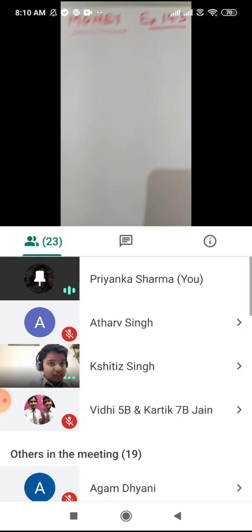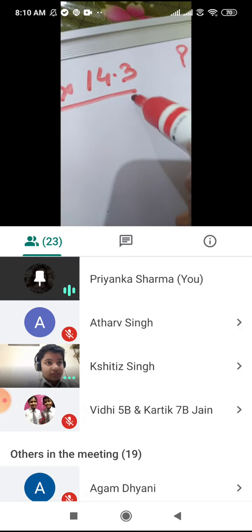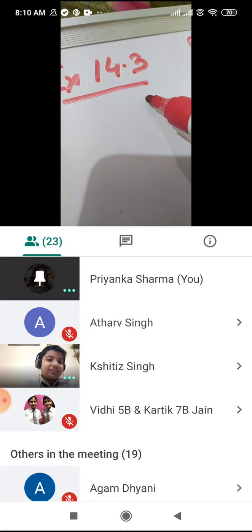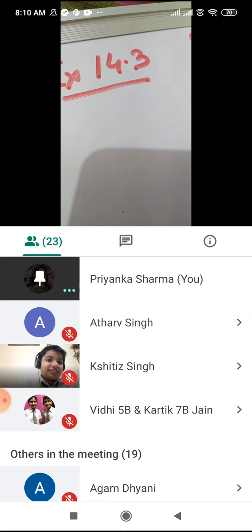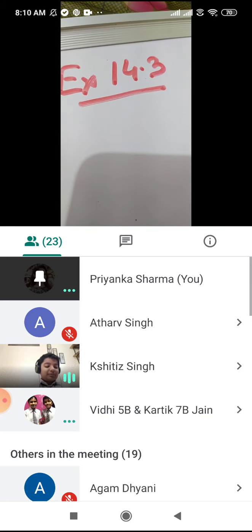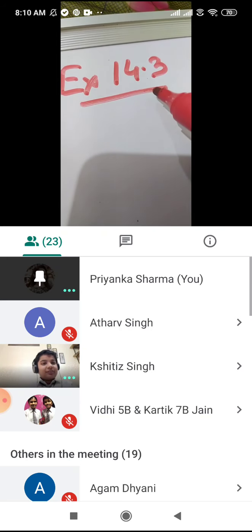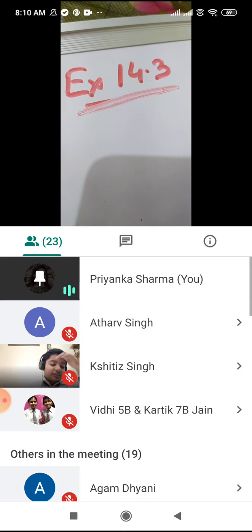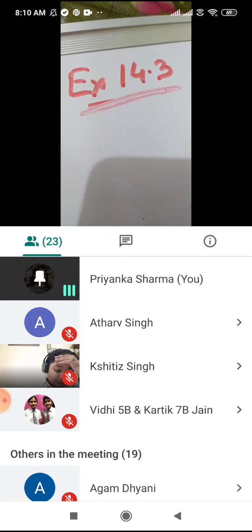Exercise 14.3, profit and loss. Okay, the first question says find the profit or loss.